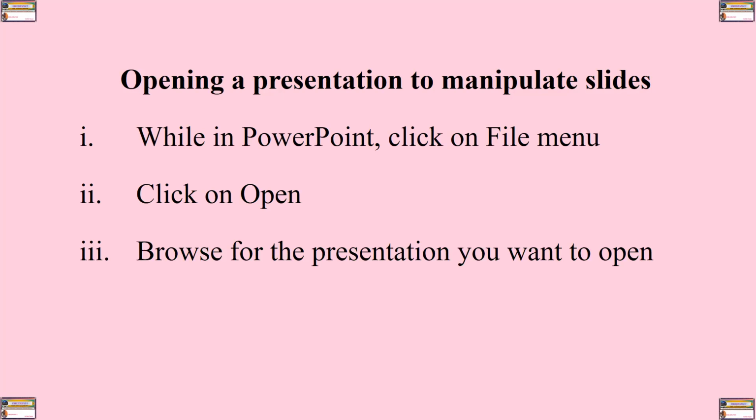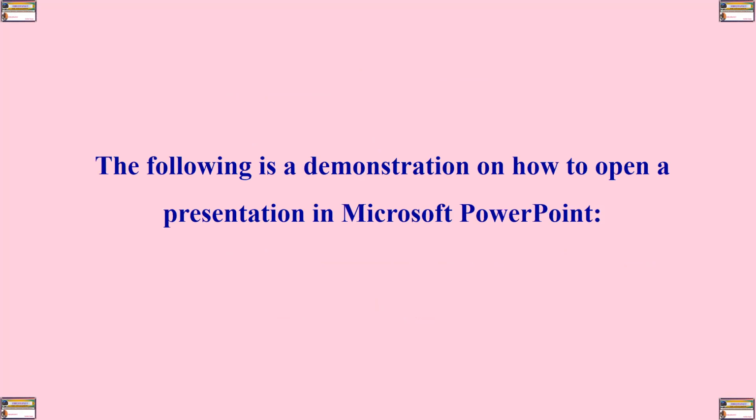After that, you search for the presentation that you want to open, and then you click on it and click Open. The following is therefore a demonstration on how to open a presentation in Microsoft PowerPoint by the name Introduction to MLSwap.